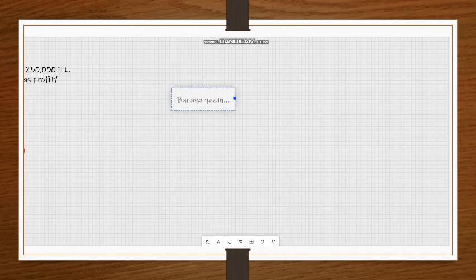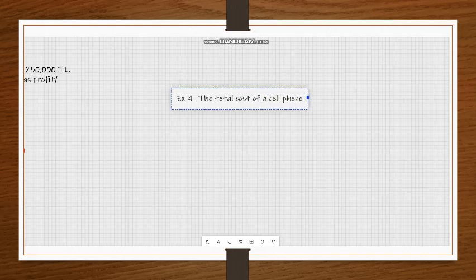Example 4. The total cost of a cell phone is estimated to be 2,750 Turkish lira.